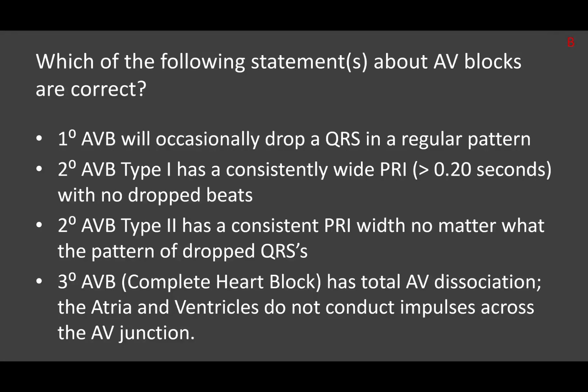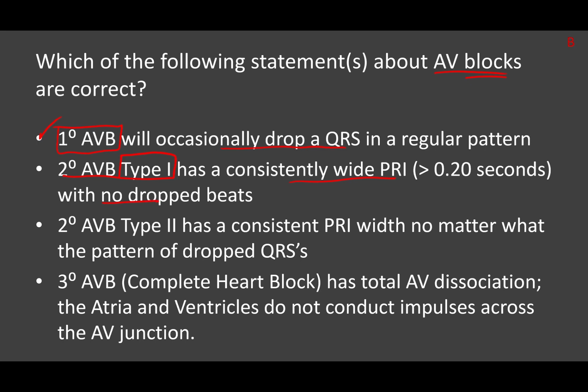Which of the following statements about AV blocks are correct? We'll just go through these one by one. First degree AV block will occasionally drop a QRS. Nope, we know that's incorrect right away because first degrees never drop a beat. Second degree AVB Type I has a consistently wide PRI with no dropped beats.